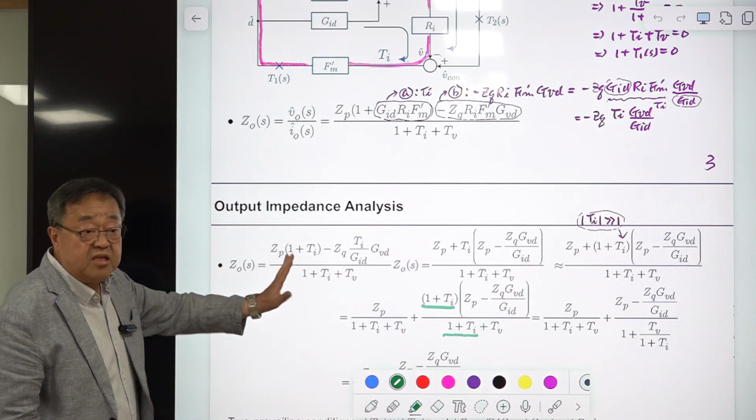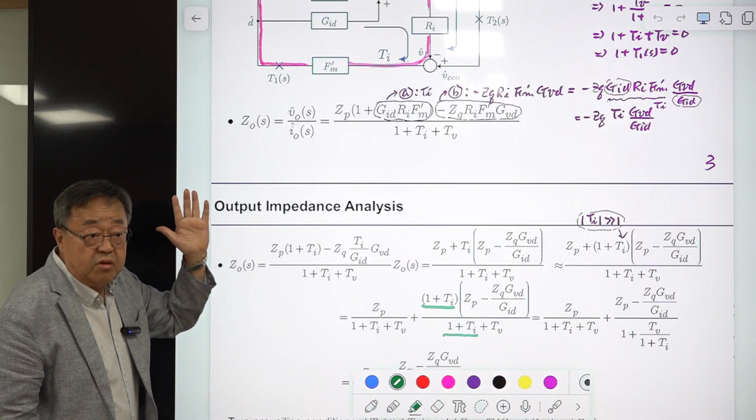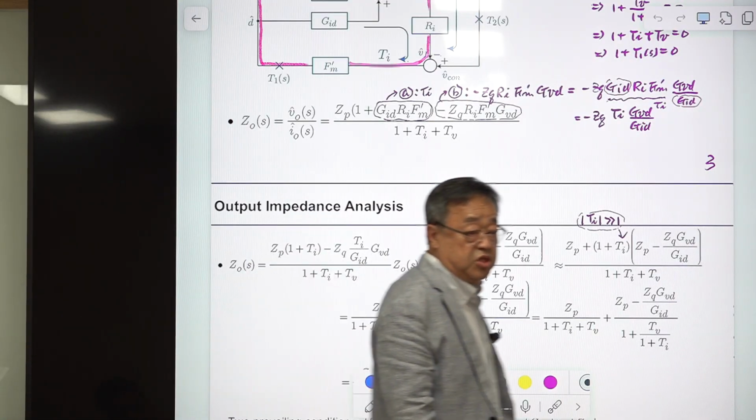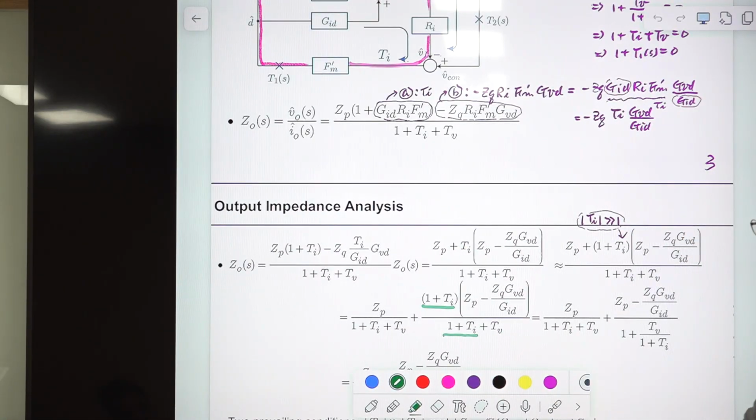So this is valid before the 0 dB crossover frequency of the current loop. Okay? Then this is an approximation. All right? This is genius, really genius. Ridley proposed this approximation. Then you can separate this one together, this and this.